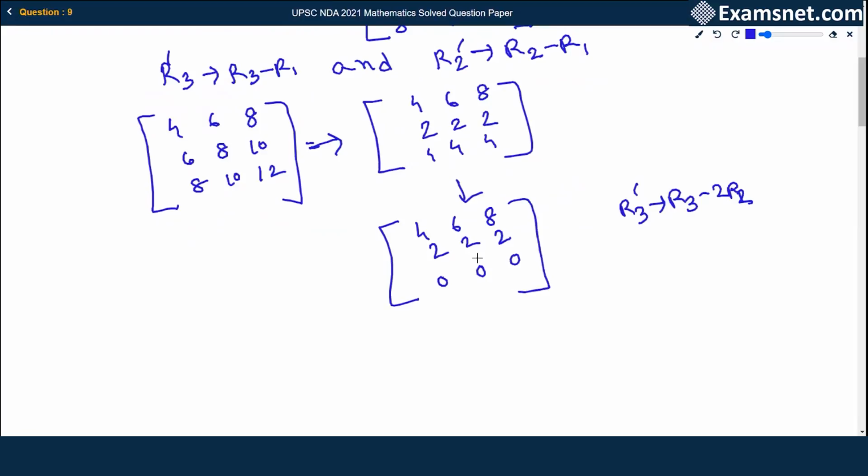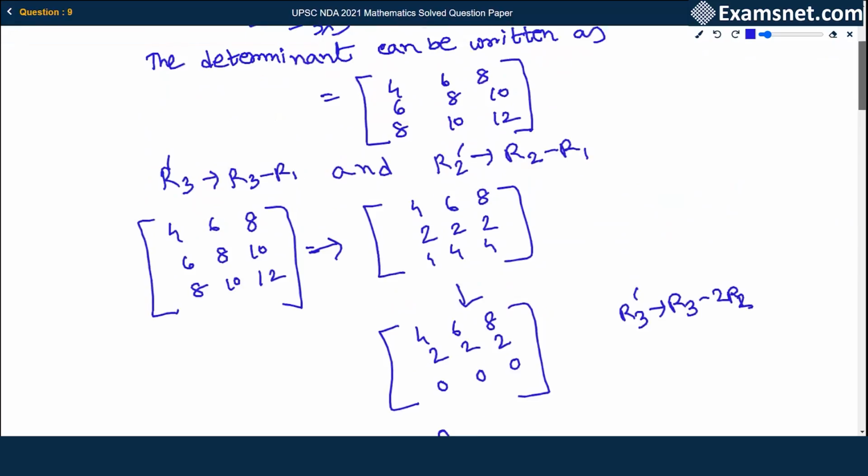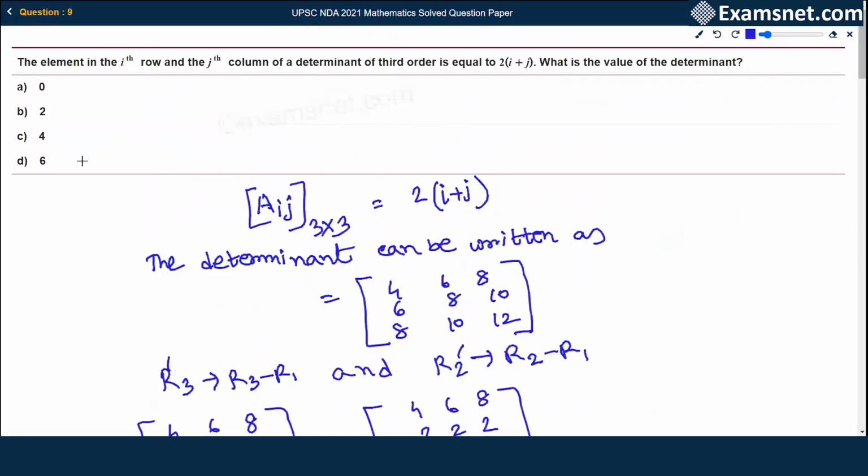Look, now you can see that there is a row containing only 0 elements, correct? So the value of this whole determinant will be 0. So option A is the correct one. The value of the determinant is 0.